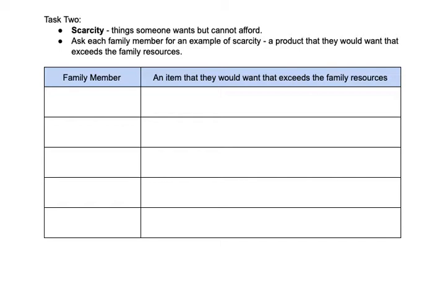So ask each family member for an example of something that would be scarce. An electric guitar or a new television or a computer or an iPad or anything like that that would stretch the family's resources. And then write the family member's name and the item that they would want in that is a scarcity item, something that exceeds the resources of the family.